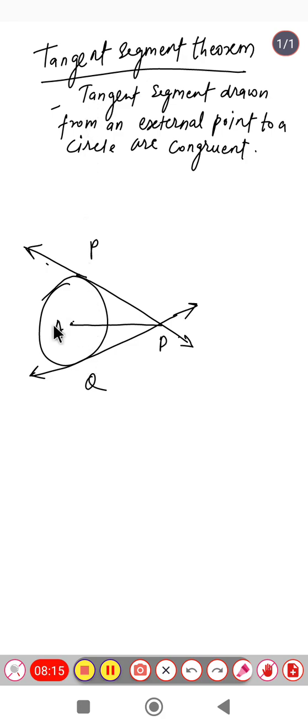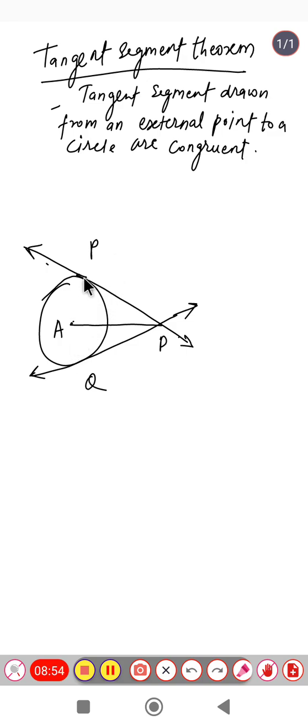As we know, in the given circle there are two external tangents touching at points P and Q, meeting at a point D. We have to prove that segment PD and QD are equal. Before proving this theorem, we have to do one construction.